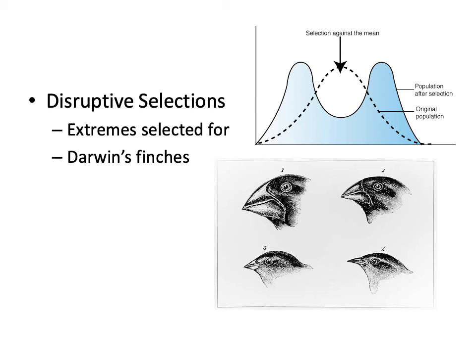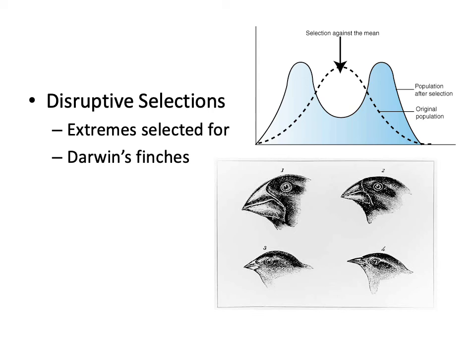There's one couple there that's been studying these finches for many decades, and they found that when there's a lot of rainfall, there's a wide variety of seeds, and the population of finches becomes more average. And the beak size of these finches is kind of medium-sized, and these finches with the medium-sized beaks can eat a wide variety of seed types.